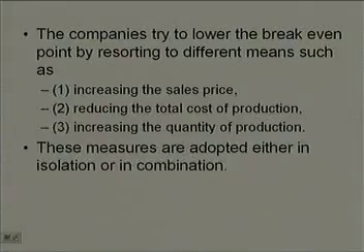So, what is the managerial implication of such studies? Most of the companies try to reduce this break even point. A low level of break even point gives comfort level to the companies. Now, there are different ways through which they achieve this.